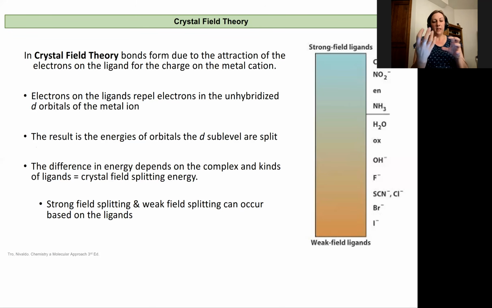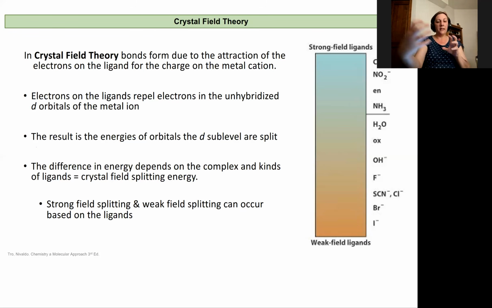In fact, they'll be repelled because the electrons in those d orbitals are going to have a repulsive interaction with any other electrons that come near. And those electrons coming in from the ligand are attracted to the charge on that metal cation, and they're getting this orbital overlap that allows for the covalent nature of that coordinate covalent bond.